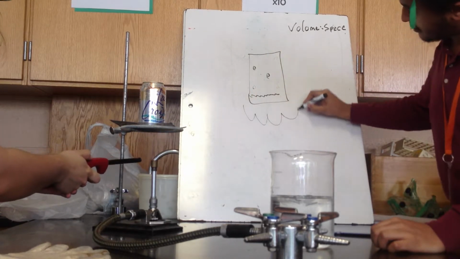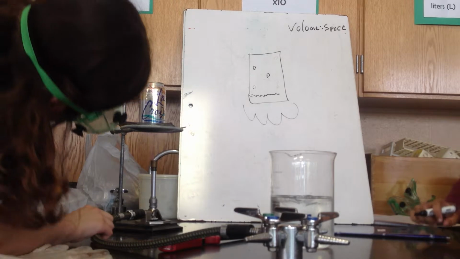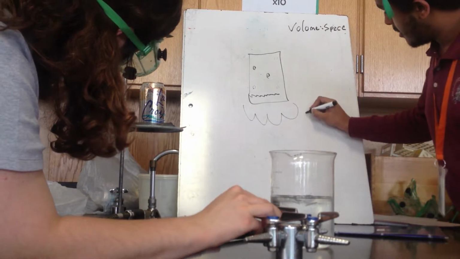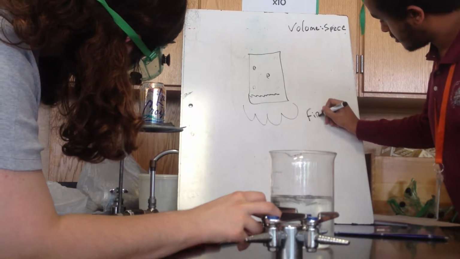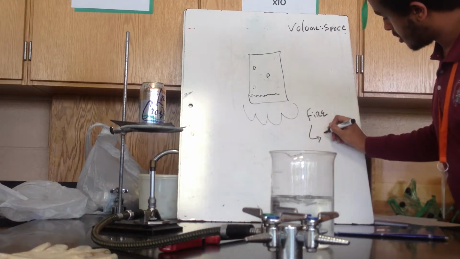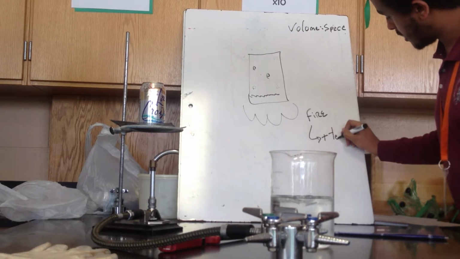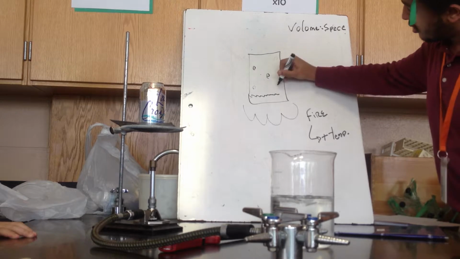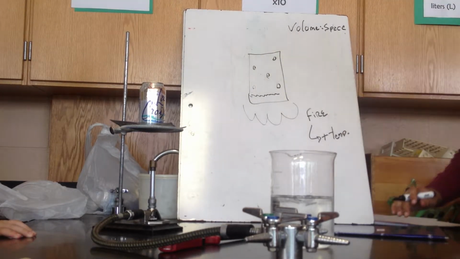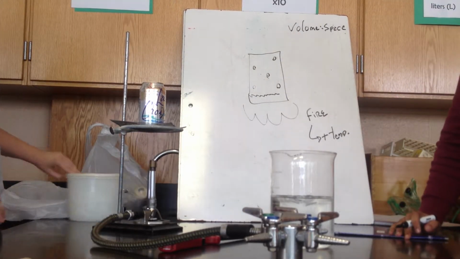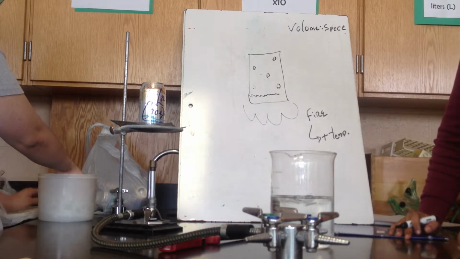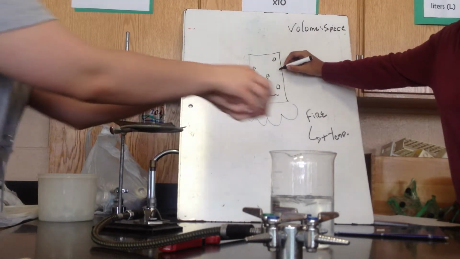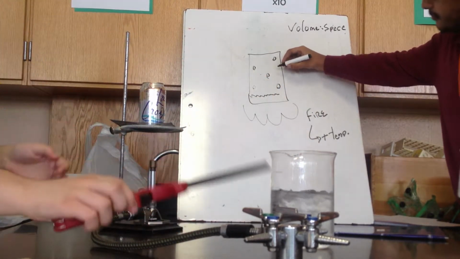When we add fire, we're adding more temperature, right? When there is more temperature, how do the particles move, slower or faster? Faster, right? And what's the arrow for faster, bigger or smaller? Bigger.